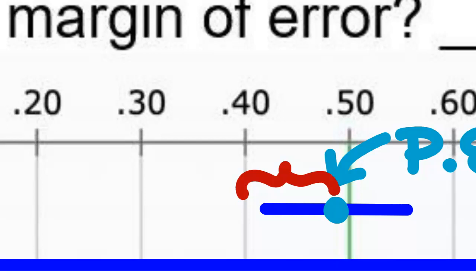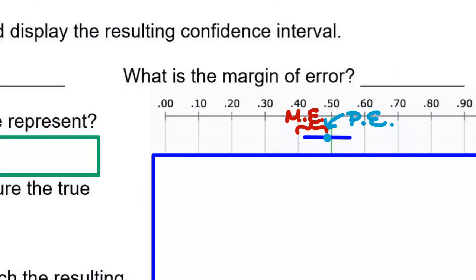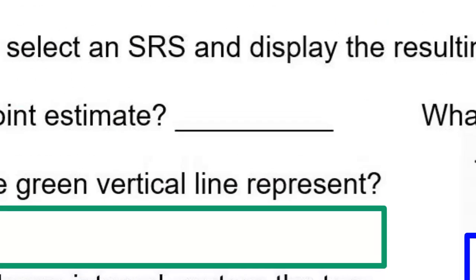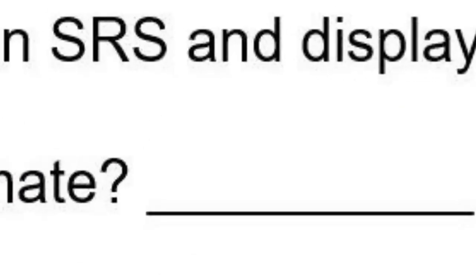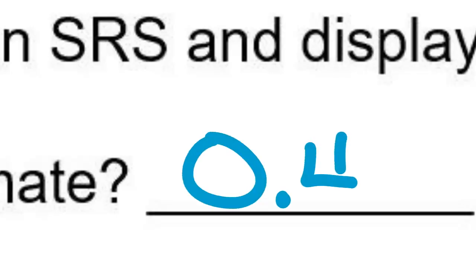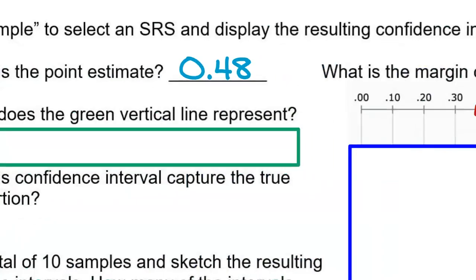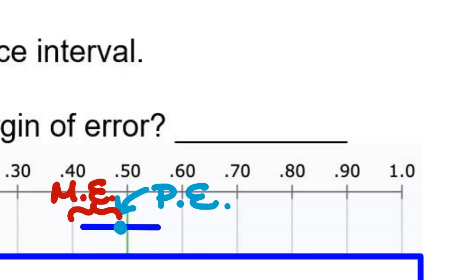The distance from that dot to the end of the little line is the margin of error, and you should record those. So for mine, you need to record your numbers. Mine, I got 0.48 with a margin of error of 0.06.